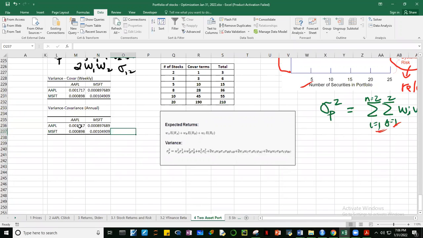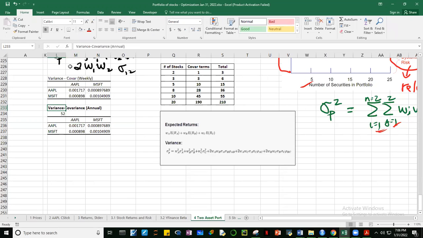Okay? What we'll do is multiply all of this by 52. I'll just teach you, guys, because if I ask you again, we might take too long. I'm going to multiply all the elements here, which I copied from here, with 52, because we want to convert our variance-covariance into annualized variance. So how do you do that?